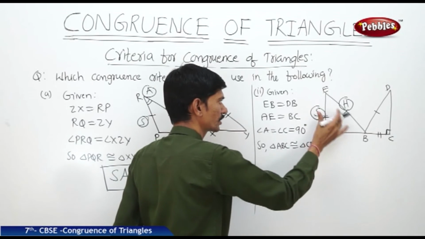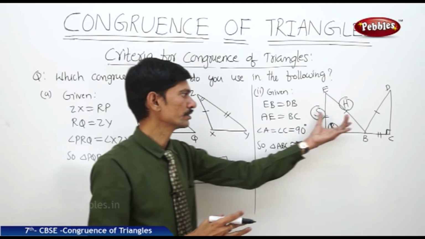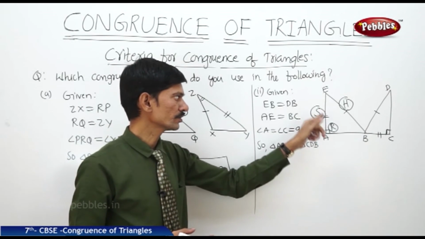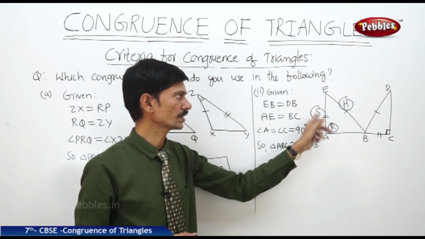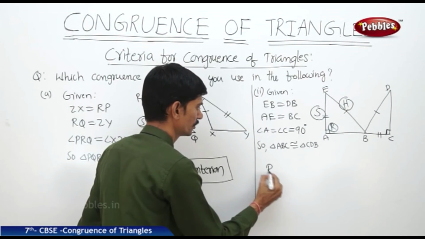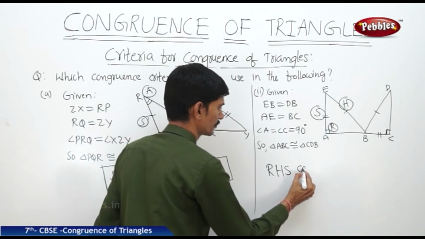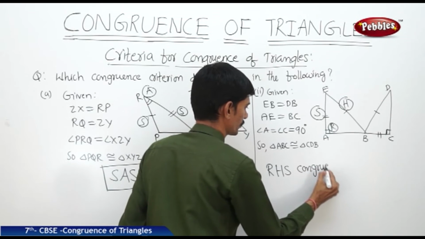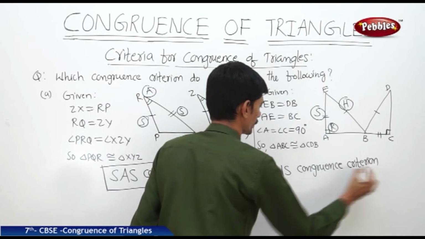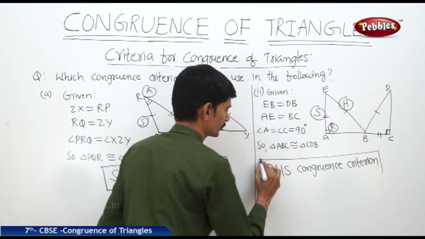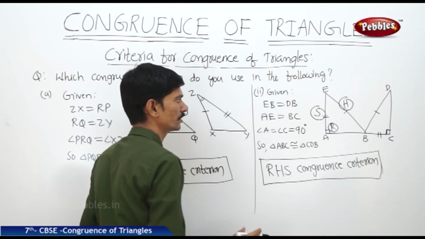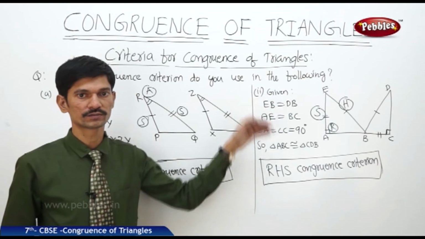So which congruence criterion can we use in these two congruent triangles? It is right angle, hypotenuse, side, that means the RHS congruence criterion. So we can use the RHS congruence criterion so that the two given triangles are congruent to each other.